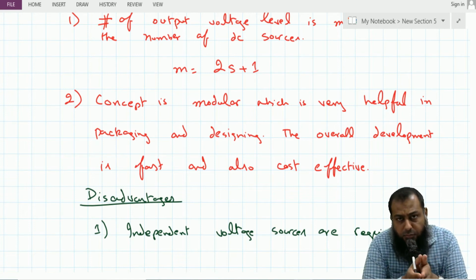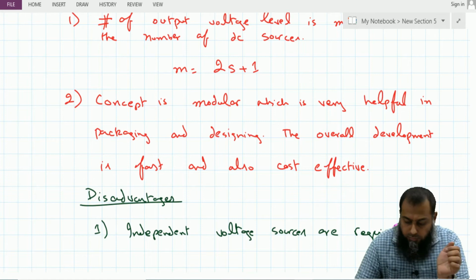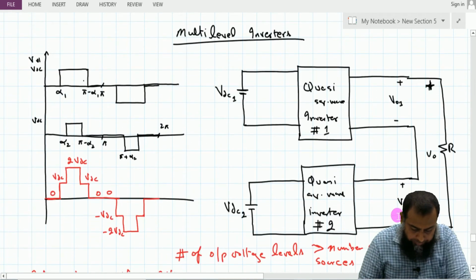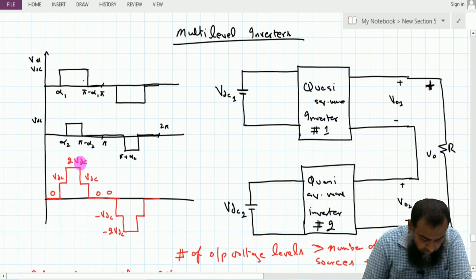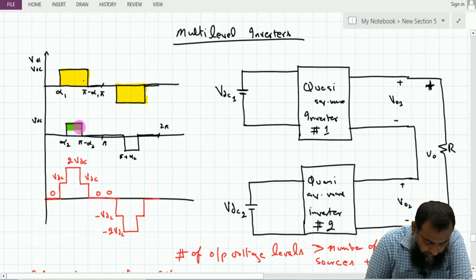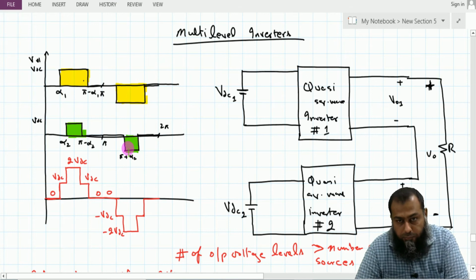But there is a far more difficult challenge in the output of these cascaded connections. For example, if you look on to this particular diagram, this output voltage V01, which is this one, is operating for a time which is greater than that of the power supplied by the quasi-square wave inverter number 2.